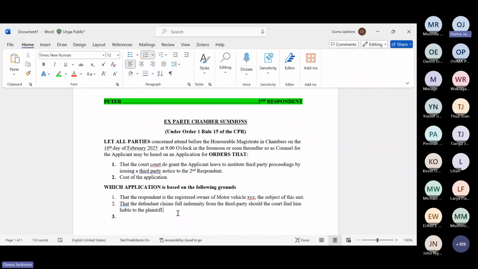So just go to the question, get those grounds and copy paste them to your application. And then you'll come back and say which application again is supported by the supporting affidavit.